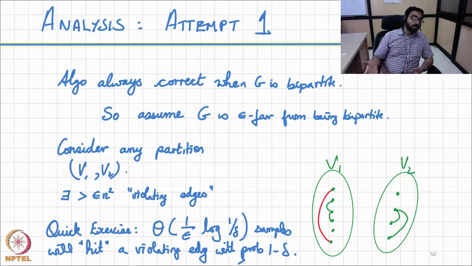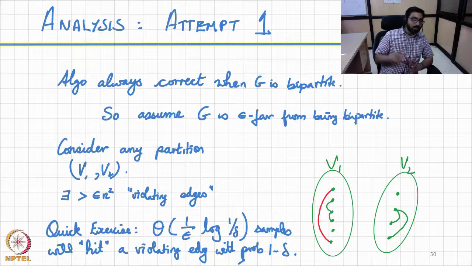So what is the probability that all of them don't reveal a violating edge? We need to show that that will be of probability delta. So with probability 1 minus delta, we will be able to find a violating edge. So spend some time to work out those details.